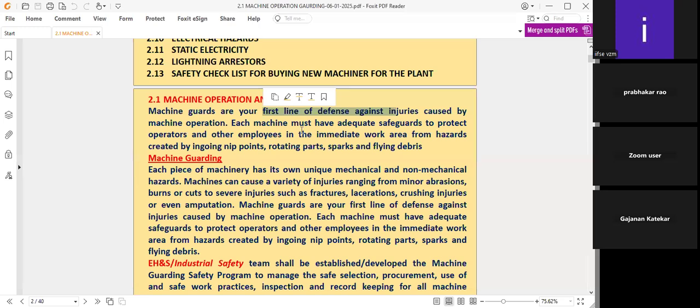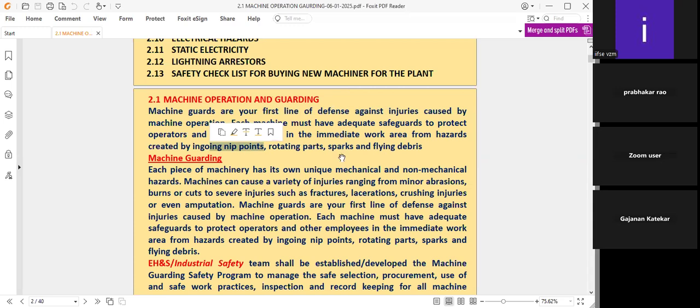That means each machine must have adequate safeguards to protect operators and other employees in the immediate work area from hazards created by ingoing nip points. Here the running machine is there, and points must be taken care of, as fingers can get stuck inside because of rotating parts.